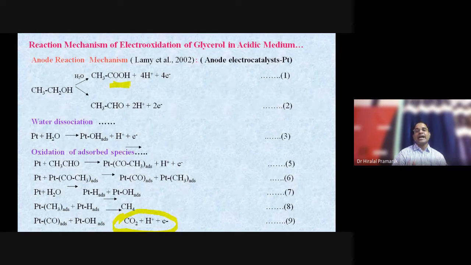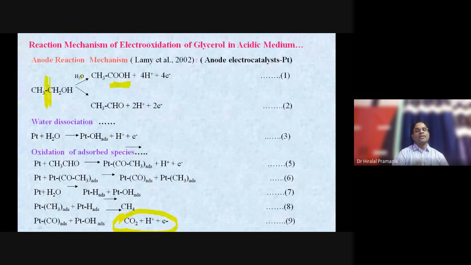So we need a catalyst which can split the ethanol molecule, because there is a carbon-carbon bond in the ethanol molecule, which is very difficult to break down. From the latest literature, what we have seen is that platinum-ruthenium is considered the best catalyst over platinum or other metal catalysts like gold or palladium.